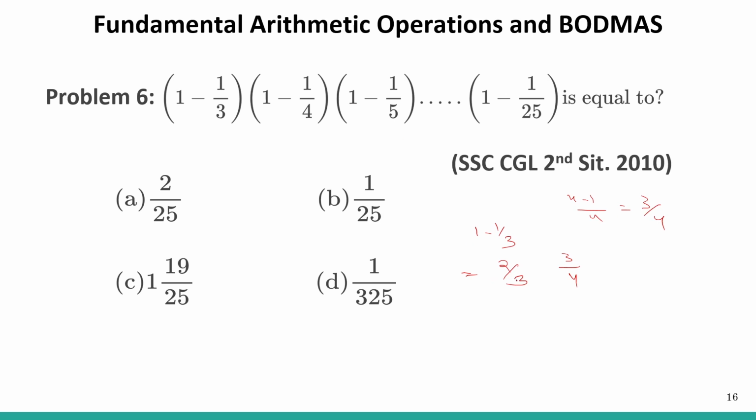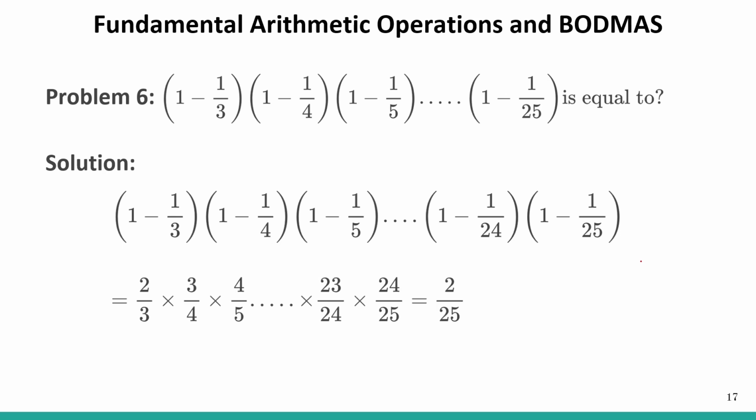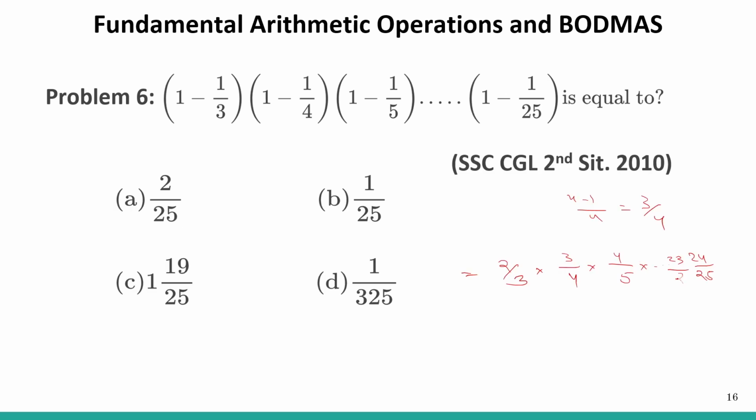Similarly this will be multiplied with 4 by 5, and so on up to 24 by 25. So before that it will be something like 23 by 24, right?